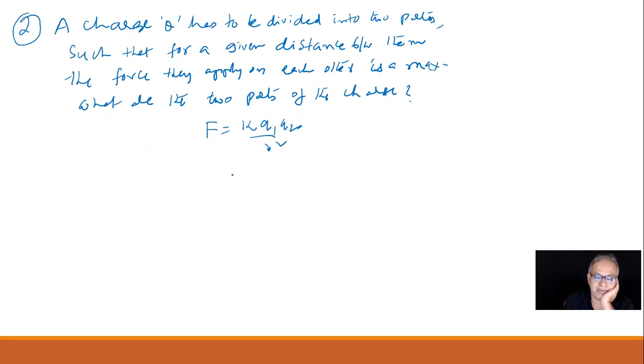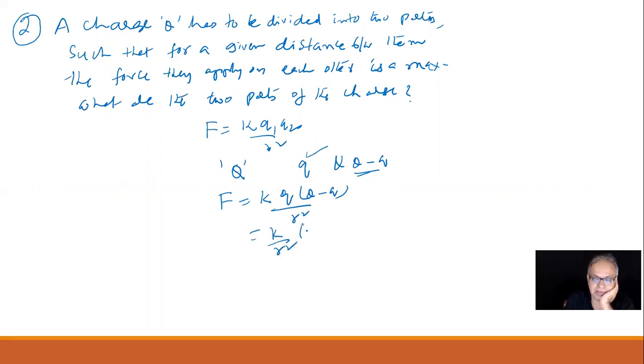Now we have a charge, total charge Q. I will divide it into q and Q minus q. Here q is the variable. So F becomes K into q into Q minus q by R square. So that is K by R square constant into Qq minus q square.